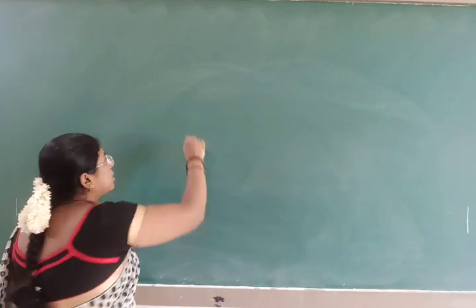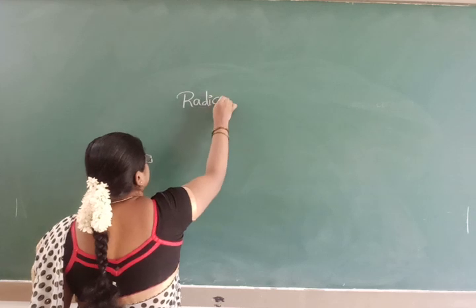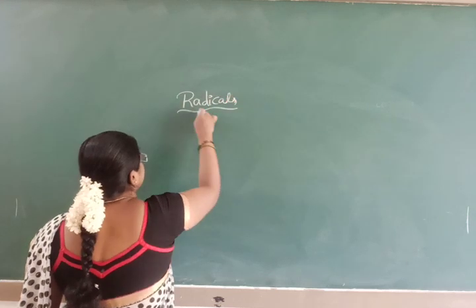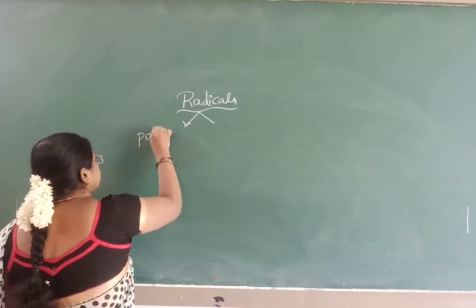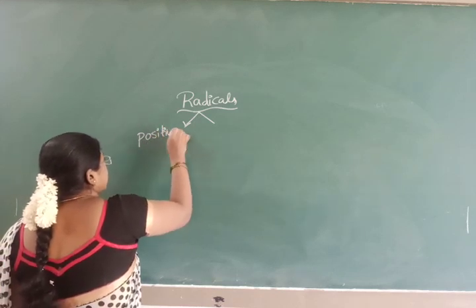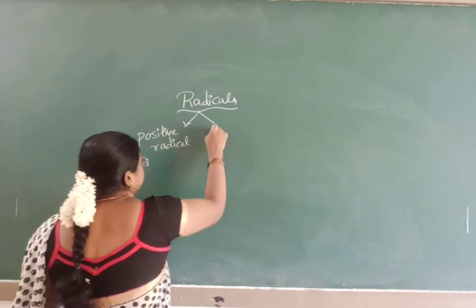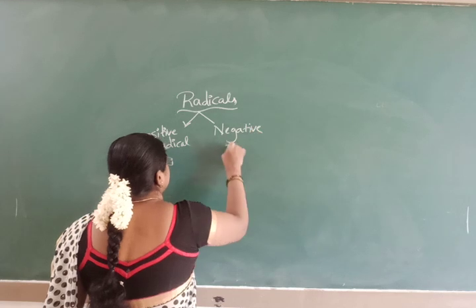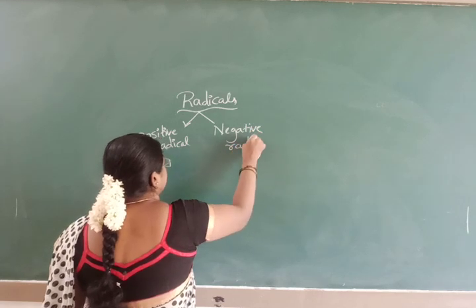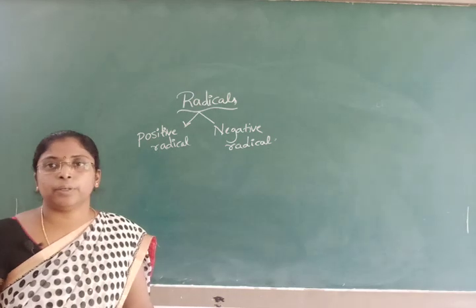Radicals, what are these radicals? In radicals there are two types: one is the positive radical and another is the negative radical.